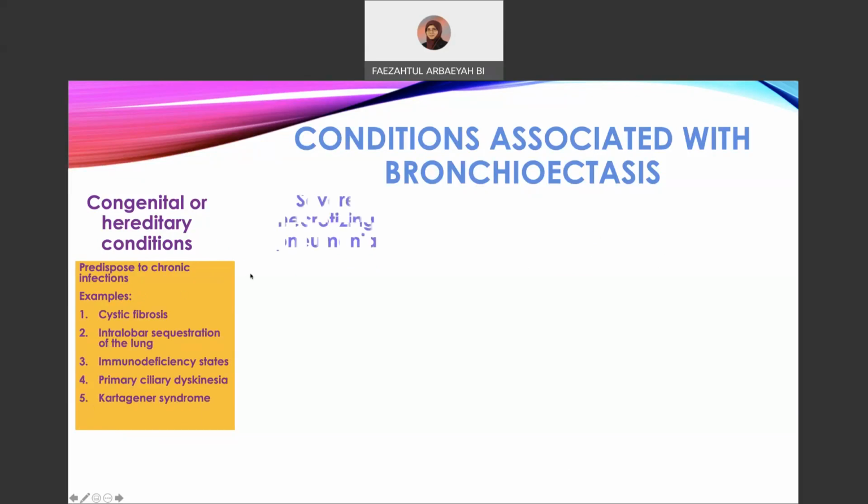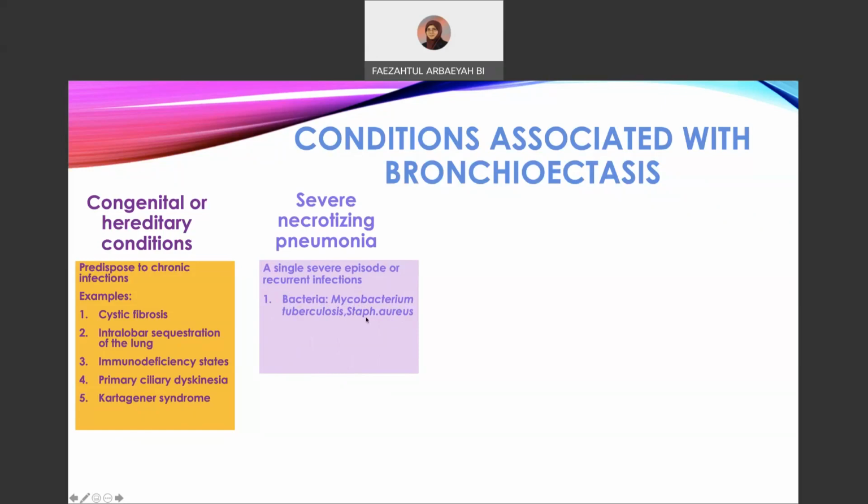Secondly, due to a severe necrotizing pneumonia, whether it is only one single episode of very bad chest infection, or a recurrent episode of chest infection. The organisms involved will include TB, Mycobacterium tuberculosis, or Staph aureus, which is a very virulent gram-positive Staphylococcus bacteria.